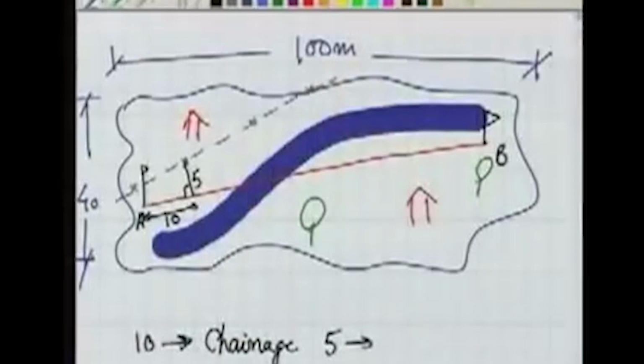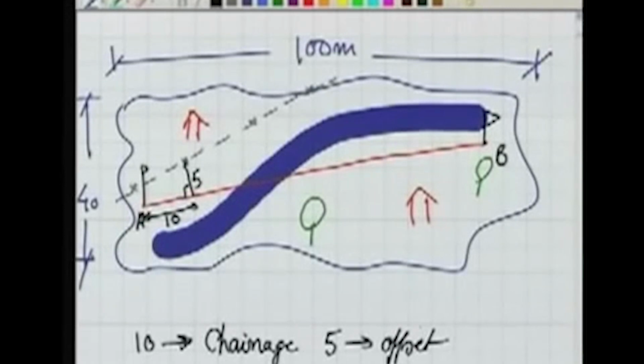So all these measurements which we take with respect to the chain line to plot these details, whether we are talking about the tree or the house or road or anything, are called the offsets. So this is the offset.